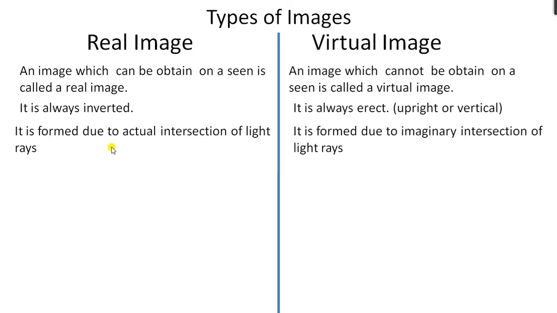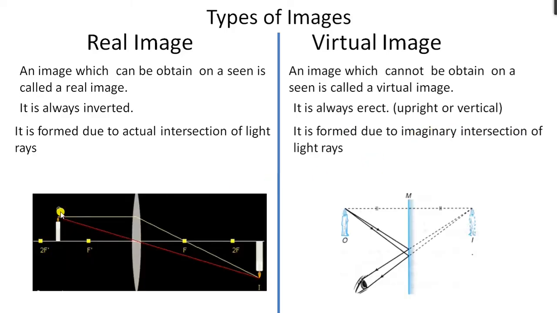And real images are formed due to the actual intersections of rays of light, and in a virtual image the rays of light do not intersect. Let's see the diagram. Here you can see this is a candle, and the image of the candle is formed by this lens, and you can see rays from the candle are meeting at the image.